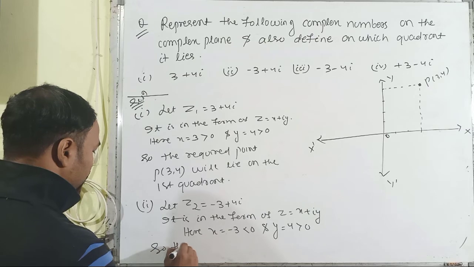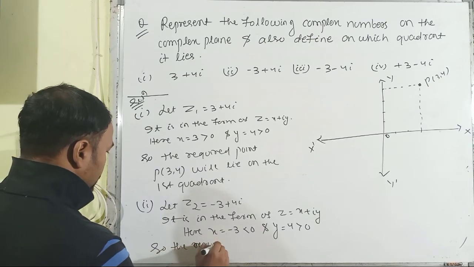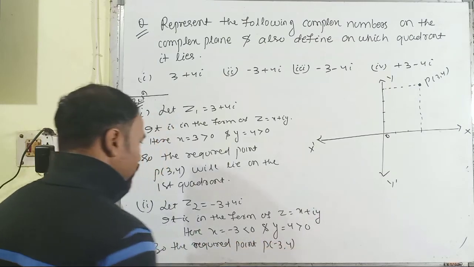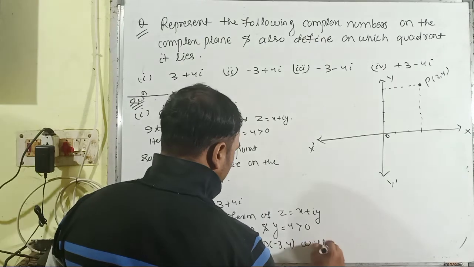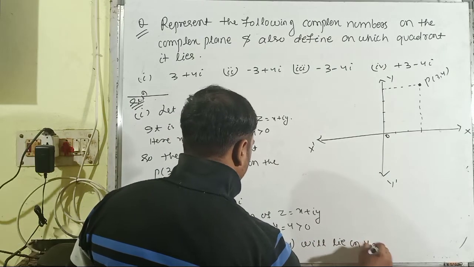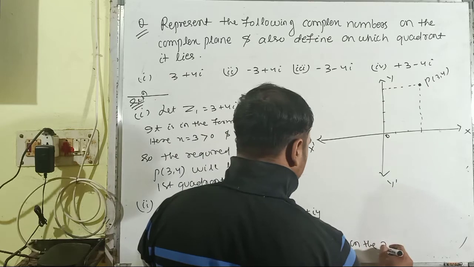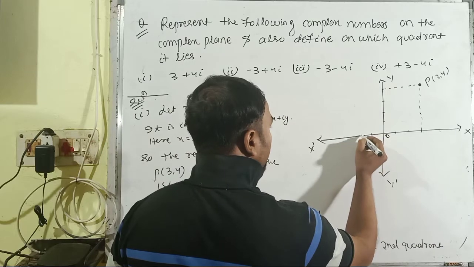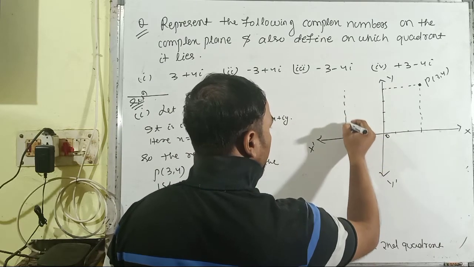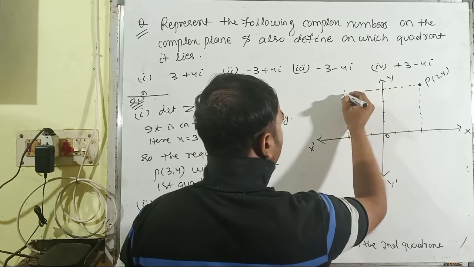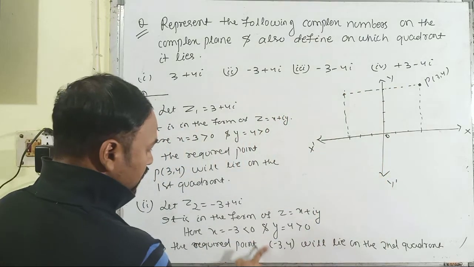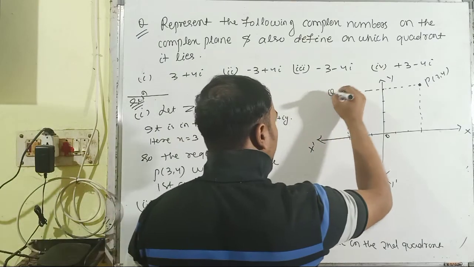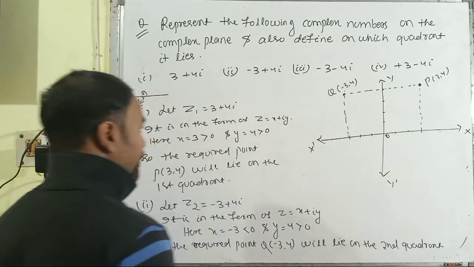So the required point P(-3, 4) will lie on the second quadrant. It is minus 1, minus 2, minus 3. Let us consider this point as Q because we have already taken P here. So this is the point Q(-3, 4).